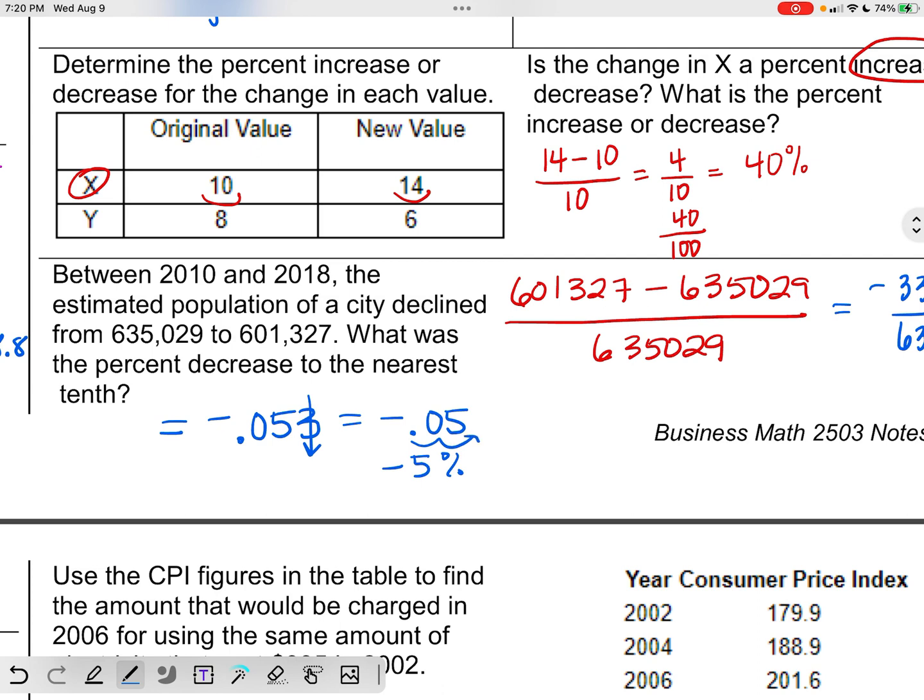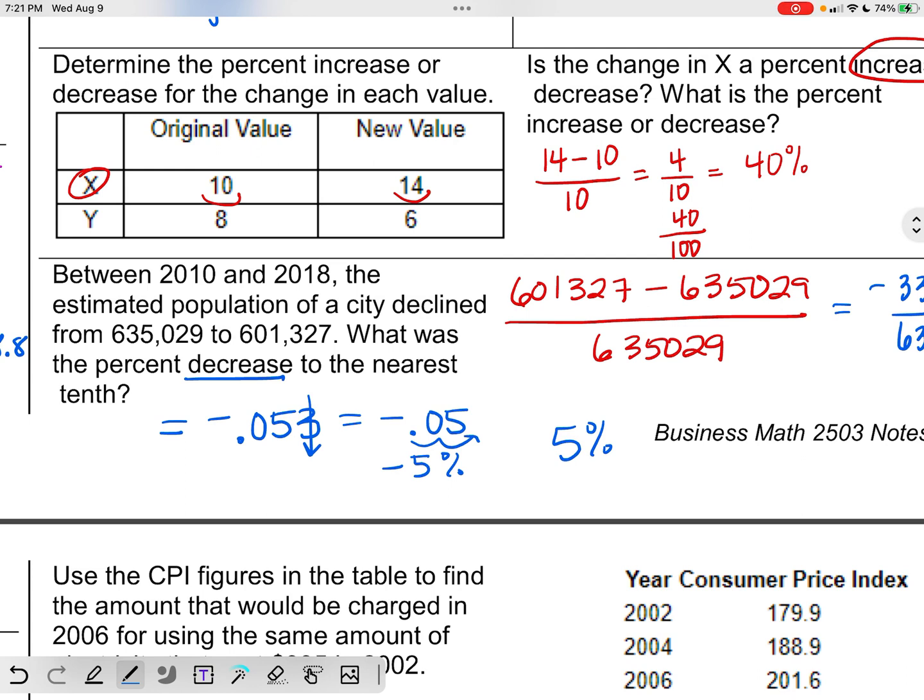When you type it in the computer, type 5%. They've already identified it as a decrease. If they would have said, what's the percent of change, then you could say negative 5%. But percent decrease already means they know it's supposed to be a negative, so don't double negative it.